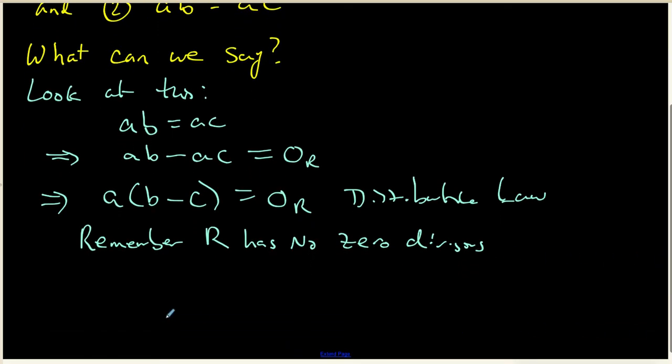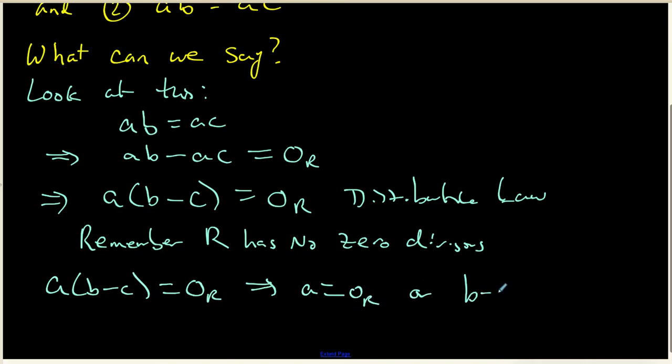So since R has no zero divisors, the statement A times (B minus C) is equal to the 0 implies A is equal to 0 or B minus C is equal to 0.